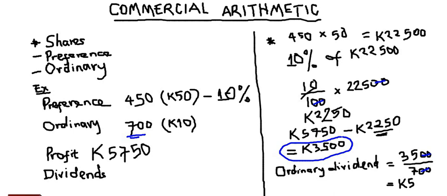First of all, we get the total contribution of the shareholders to the capital of the organization. Then the percentage of preference is usually given. So if the preference percentage is 10%, it means you get 10% of the total contribution of the preference shareholders.